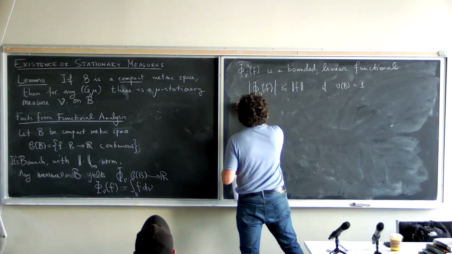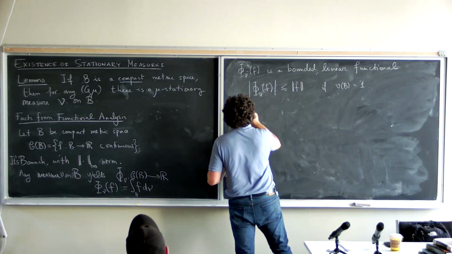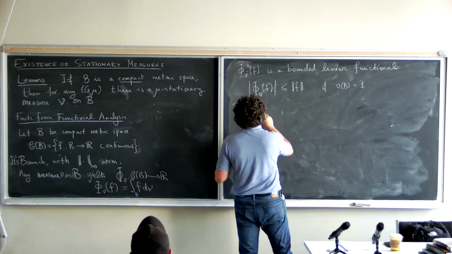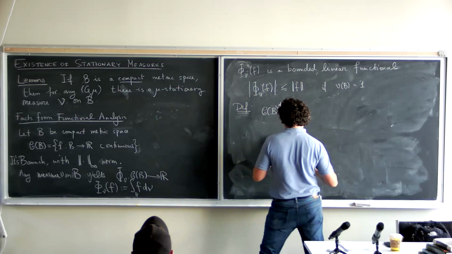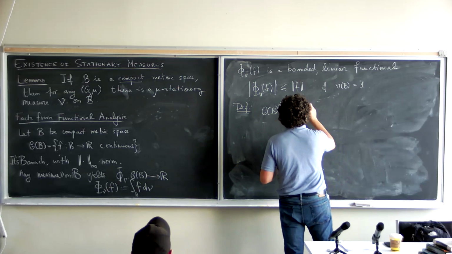And so the dual space definition would be: C(B) star is the space of bounded linear functionals.